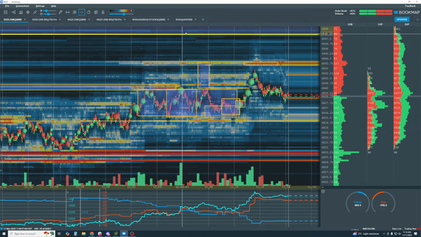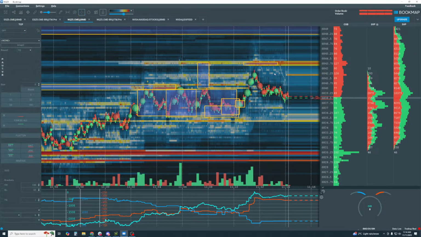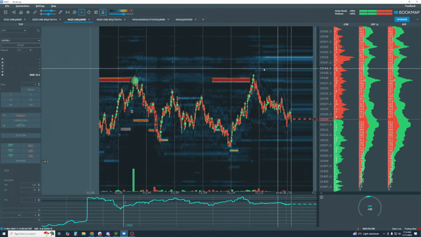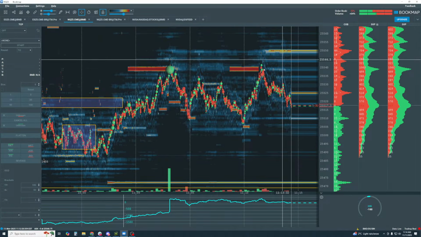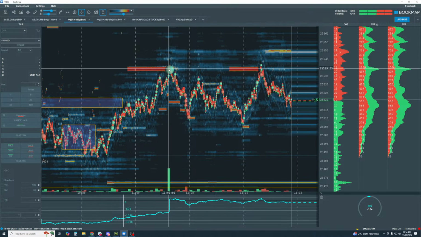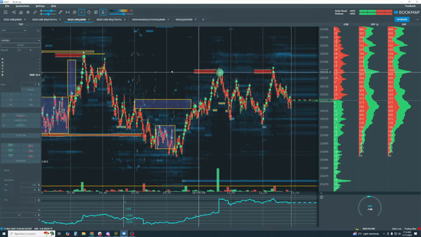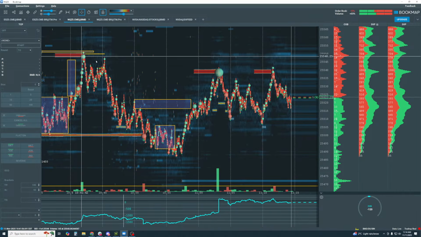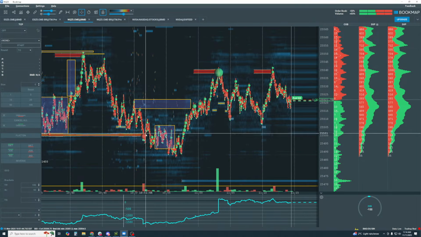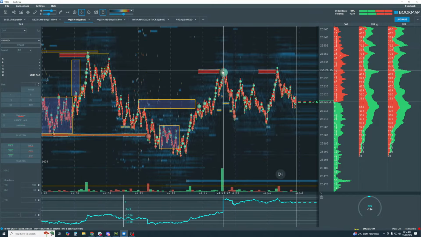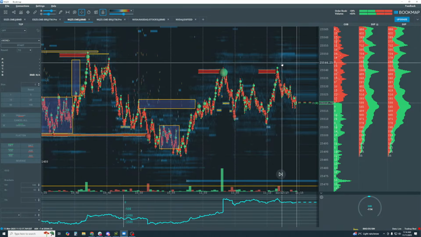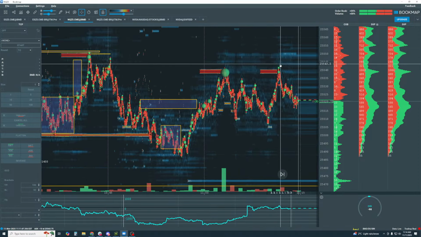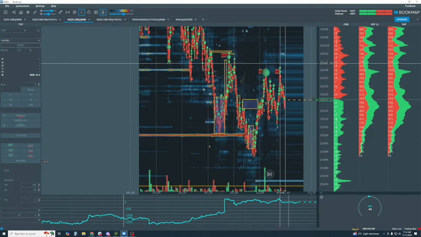All right, let's jump over. Let's take a look at that NASDAQ again. I'm really curious. Okay, so I kind of forgot where we left off. We saw this happen. There's our double top again in NASDAQ.